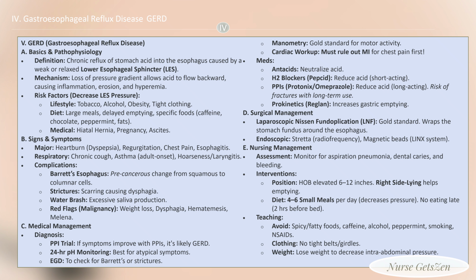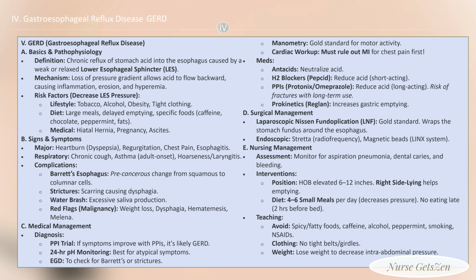The cardiac workup is required to rule out cardiac causes of chest pain. Medications: antacids neutralize stomach acid. Histamine receptor antagonists decrease acid production and are short acting.